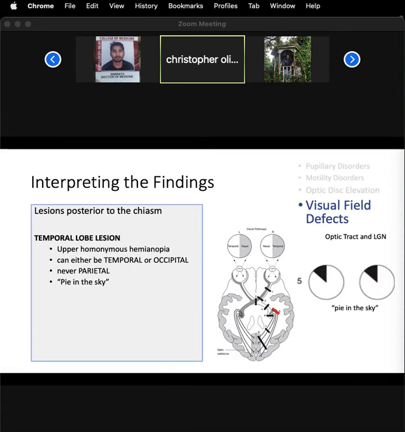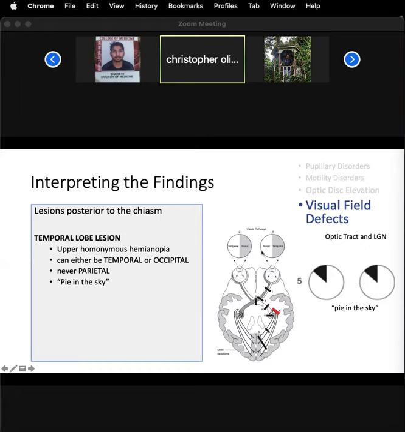Okay, now lesions found posterior to the chiasm can present with upper homonymous hemianopia. Tawag natin dito, we call this pie in the sky. So temporal pie in the sky, upper homonymous quadrantanopia.